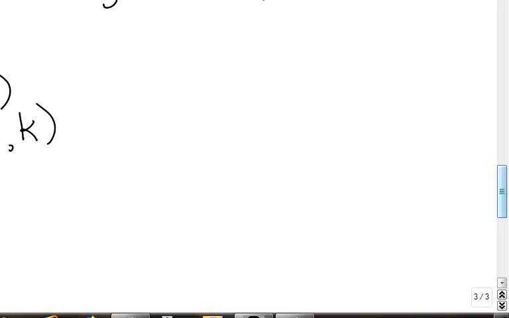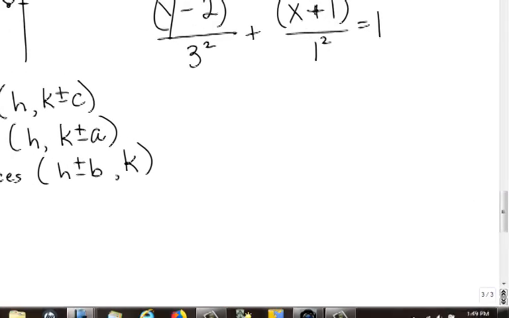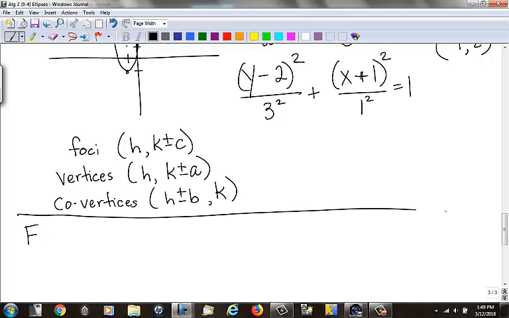Okay, now I want to go through an example. Last example. You might want to separate that.